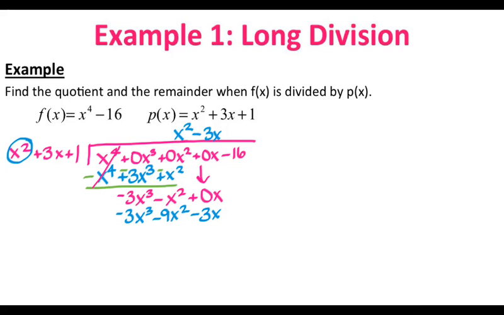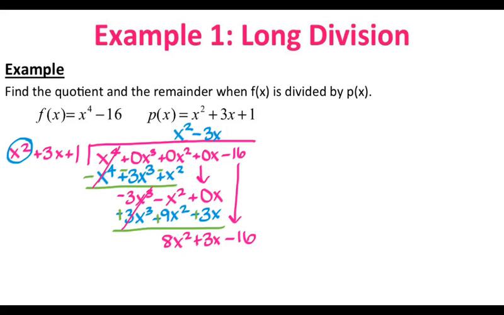Again, since you are subtracting, I'm going to draw my line and change my signs. And then I can combine my like terms. So x cubes cancel, negative x squared plus 9x squared is 8x squared plus 3x. And then I can bring down my last term, minus 16.